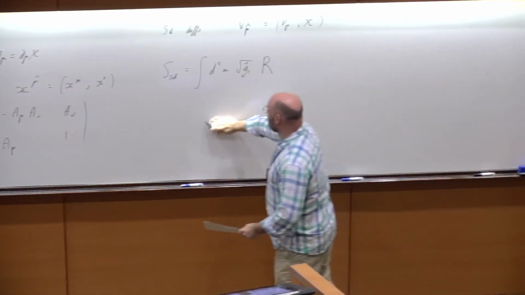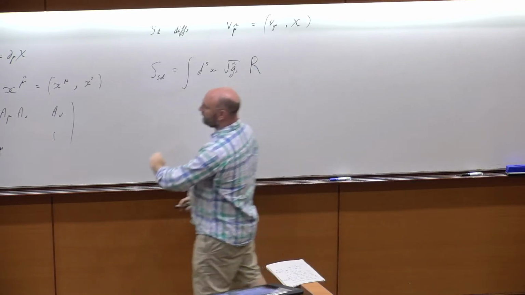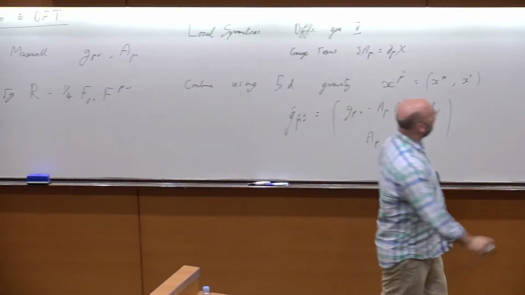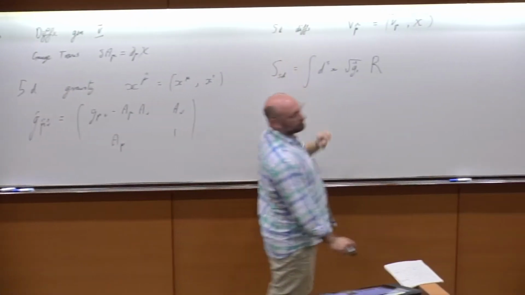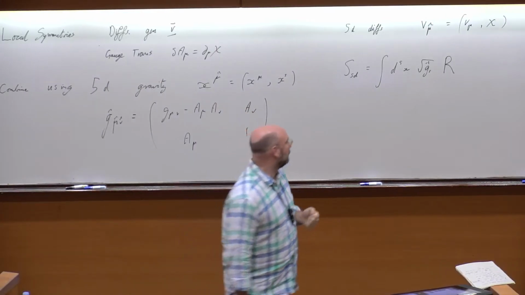And then we ask ourselves, how is this 5D action related to the 4D action, and how are these 5D diffeomorphisms related to the 4D diffeomorphisms and gauge transformations?